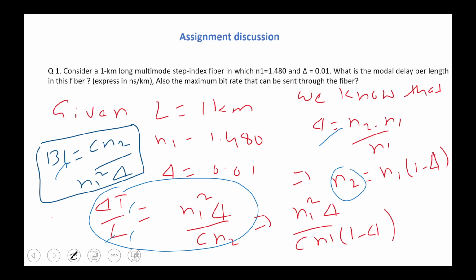So here is the formula, n1 squared delta upon c n2. In place of n2 you can put this value and calculate delta T by L. And for the bit rate product, I have already explained before: c n2 upon n1 squared delta. Put the value of n2 and you can calculate the bit rate length product also.